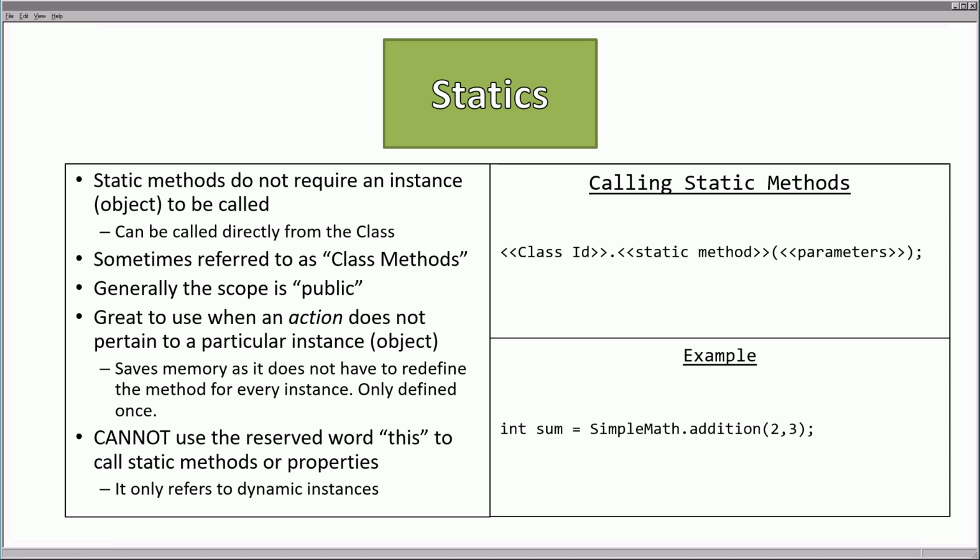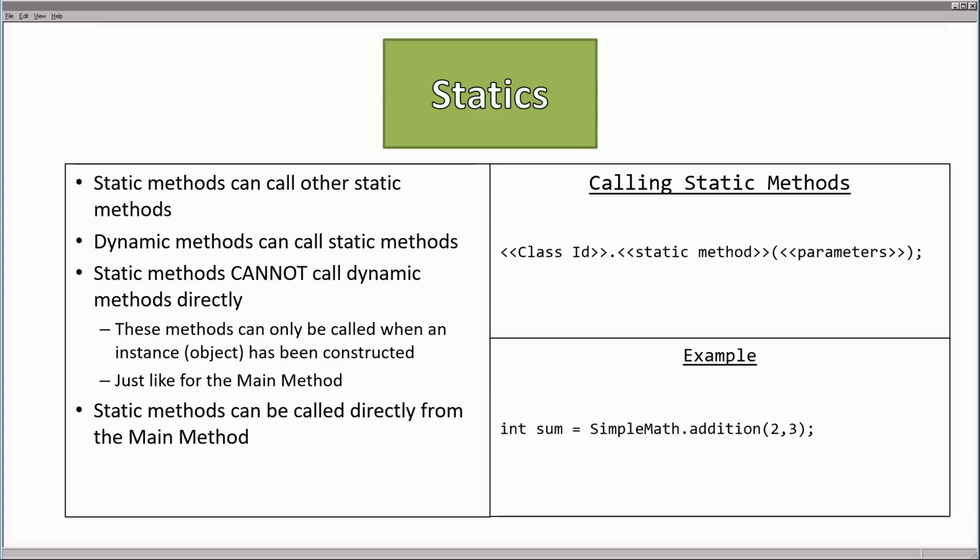Going back to the previous example that we just saw, if we assume that the name of the class was SimpleMath, we can just call addition from that. We didn't have to create SimpleMath s equals new SimpleMath and then s dot addition. We just call the method from the class identifier itself. And once again, this is why static methods are sometimes referred to as class methods, because they can be called directly from the class, and not an instance of a class, in other words, an object.